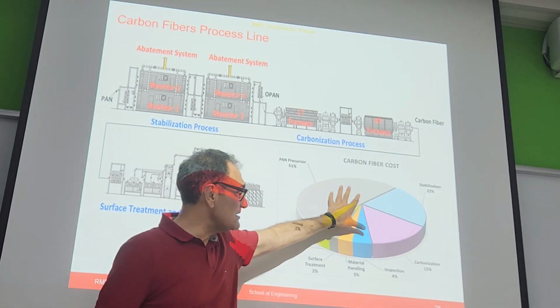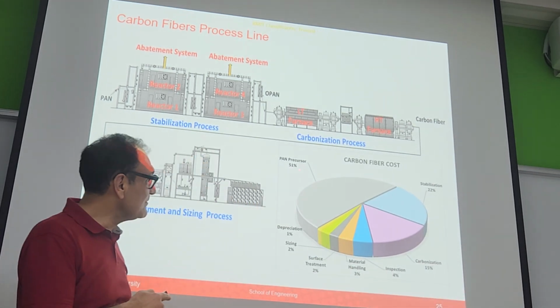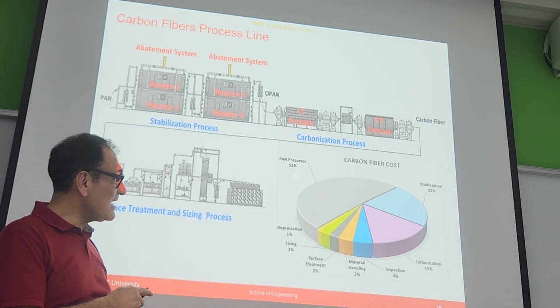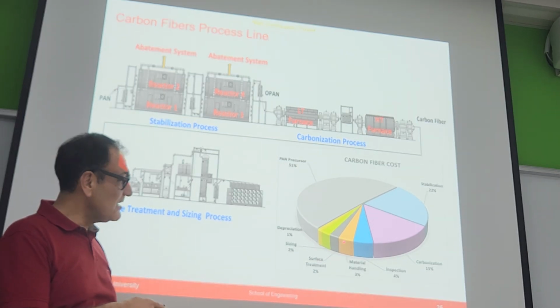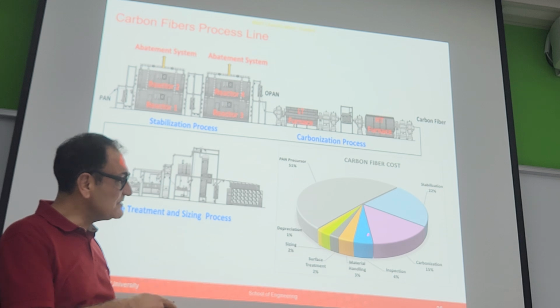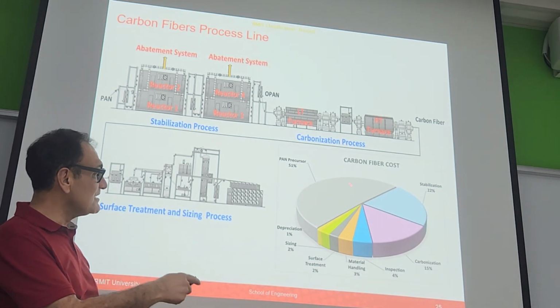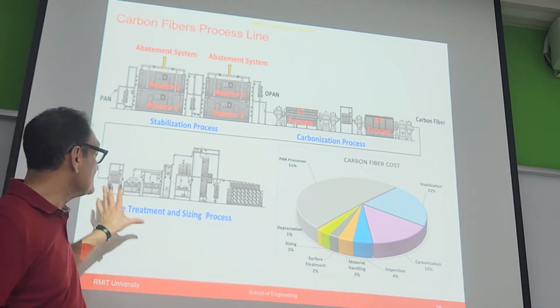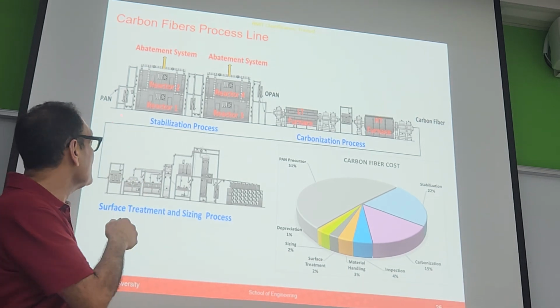As you can see, 50% of the cost is from the PAN, and 50% is for the process and energies. You can see from here to here. As I said, this is the schematic of the company.